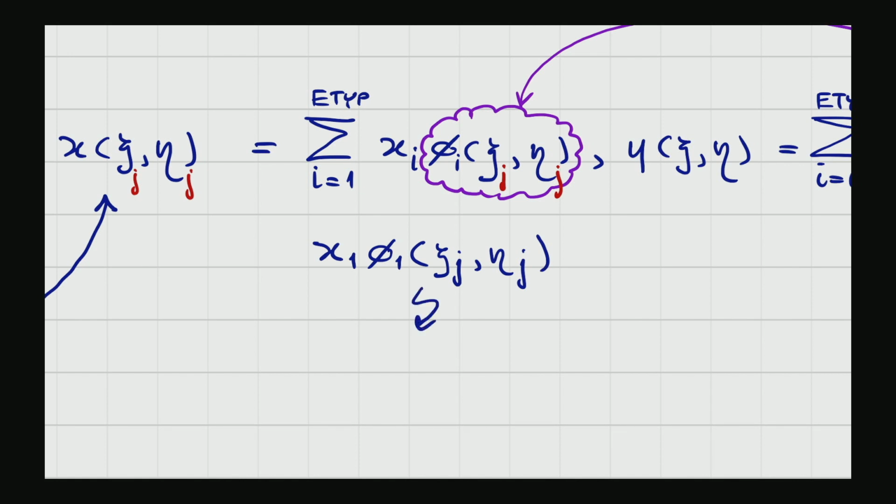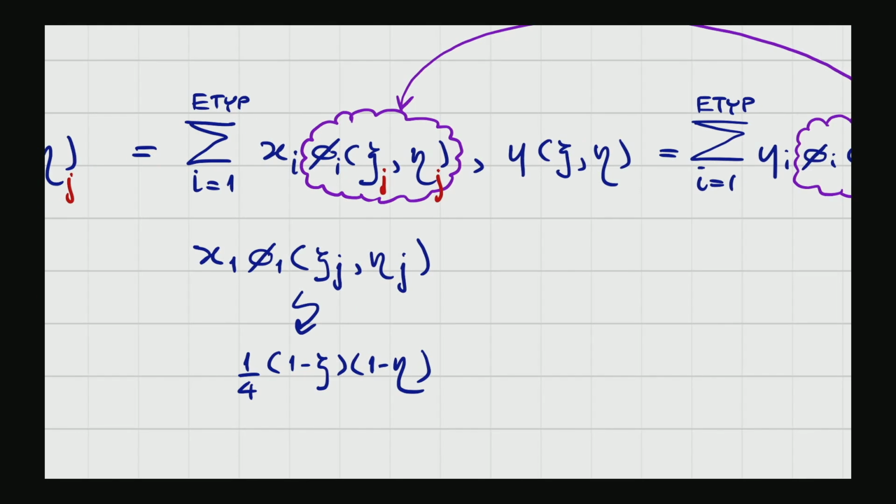So if this one is for example a quarter of (1 minus C) and (1 minus eta), the C will turn out to be C j, eta will turn out to be eta j.